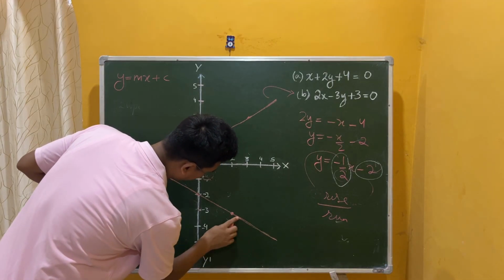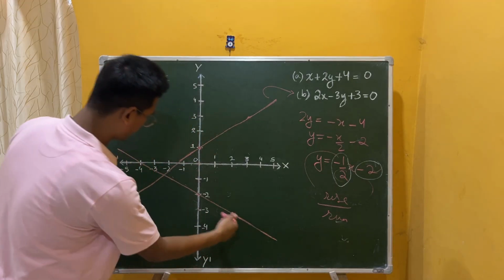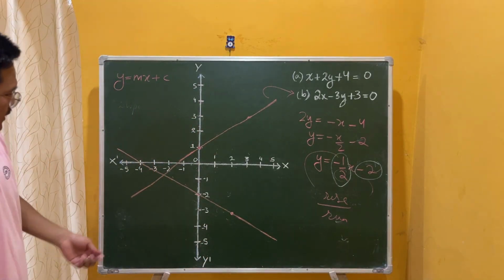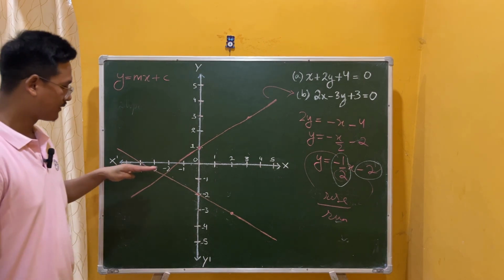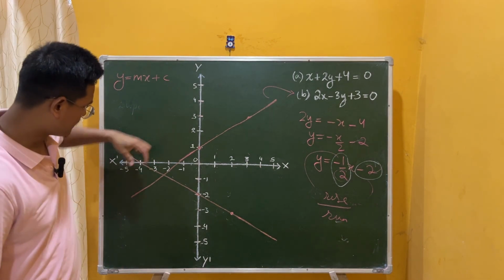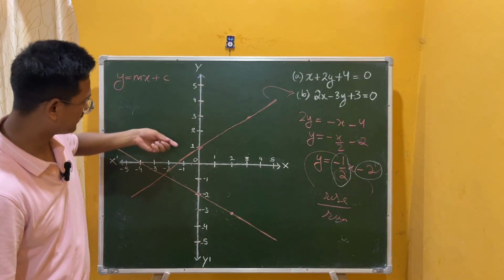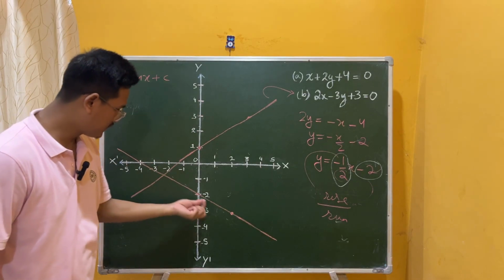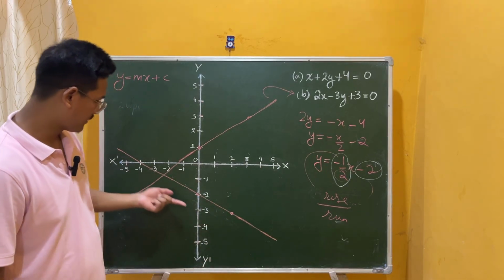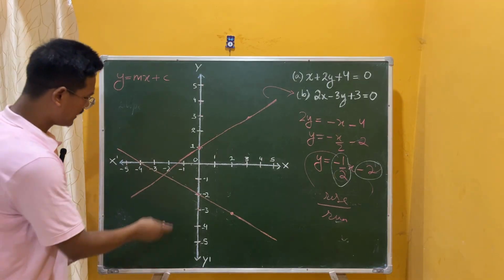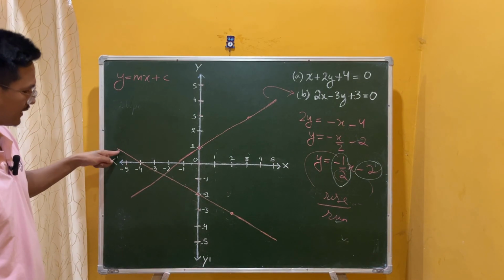I'm doing a small math here to find out exactly where the line intersects the x-axis. But if your graph is perfect, meaning if your intervals are exact, and joining these two points with a scale, you will get a line perfectly passing through this point, minus 4 on the x-axis.